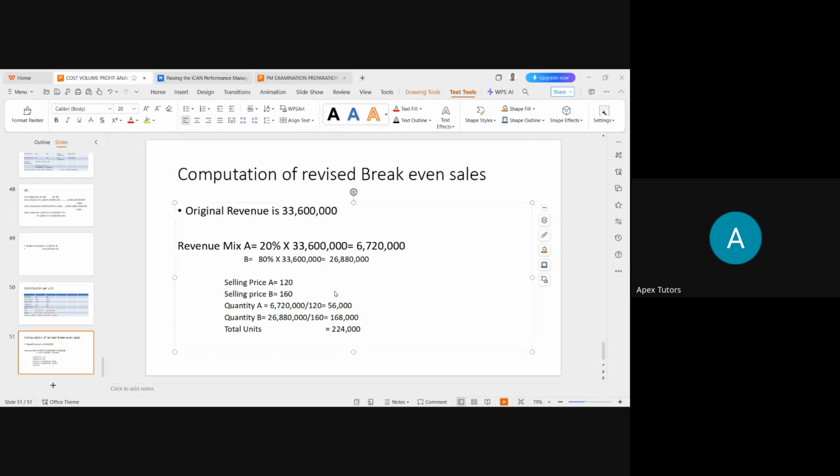For product A, you have 25%, that is the total quantity for product A divided by the total units. And for product B, 75%.